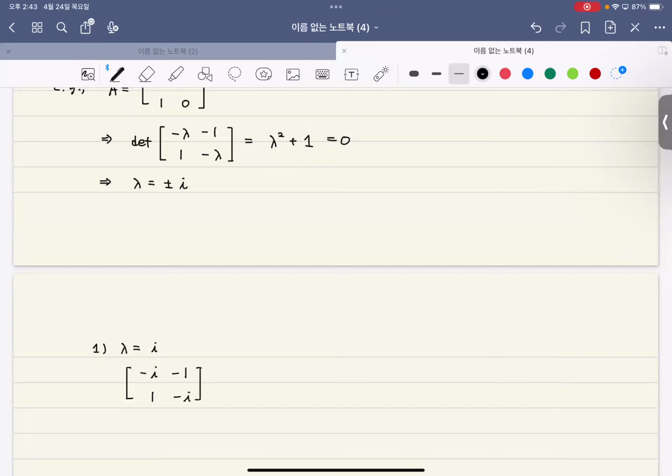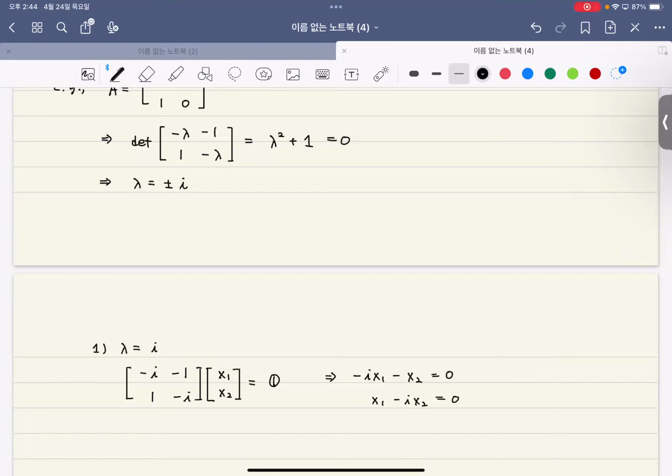I am looking for the vector x1 and x2 such that, multiplied, equals 0. Okay. Then minus i times x1 minus x2 equals 0, and x1 minus i times x2 equals 0.